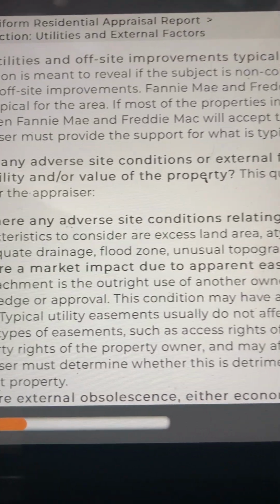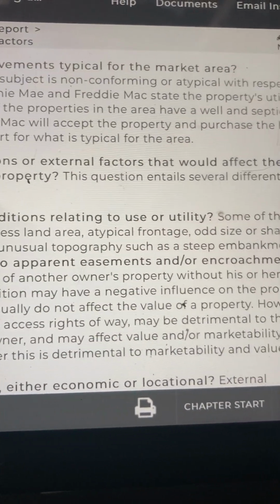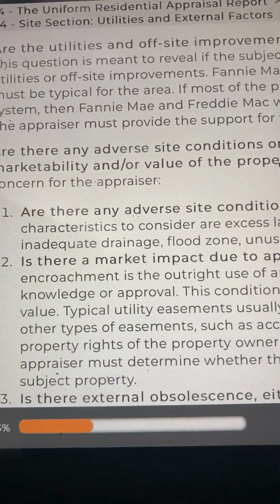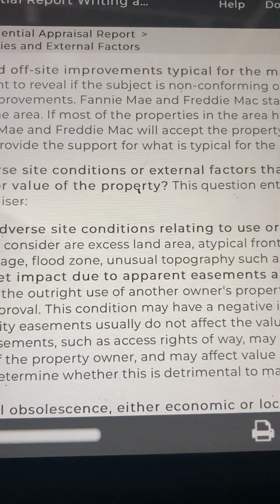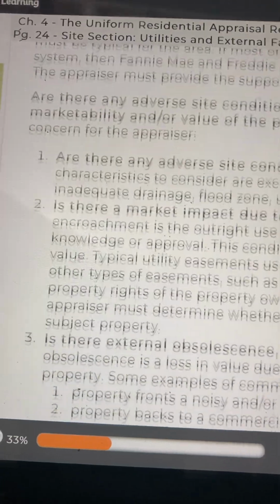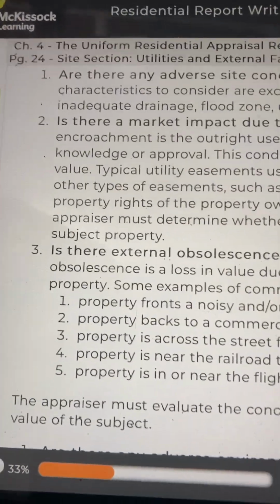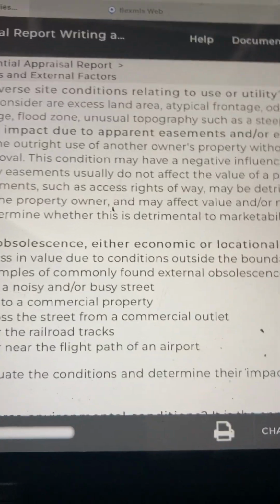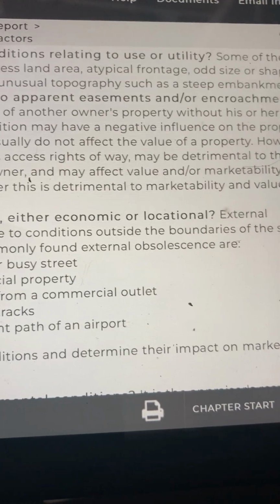Are there any adverse site conditions or external factors that would affect the marketability and/or value of the property? This question entails several different areas of concern for the appraiser. Number one, are there any adverse site conditions relating to use or utility?